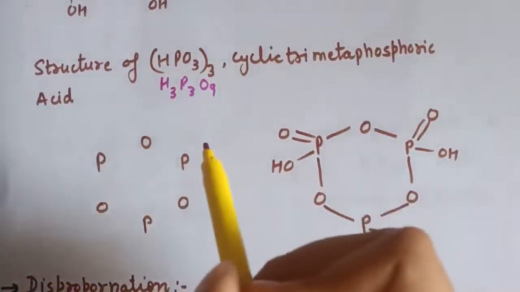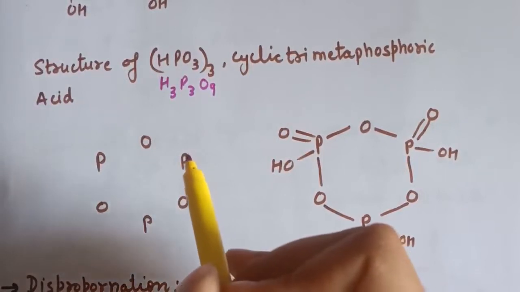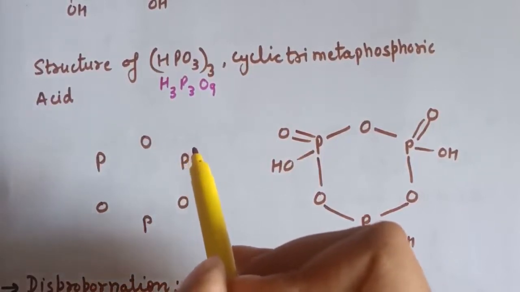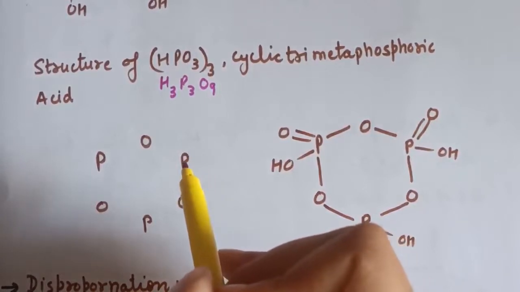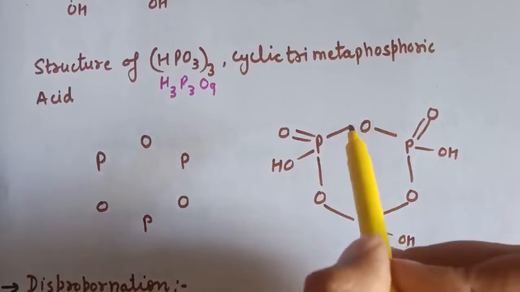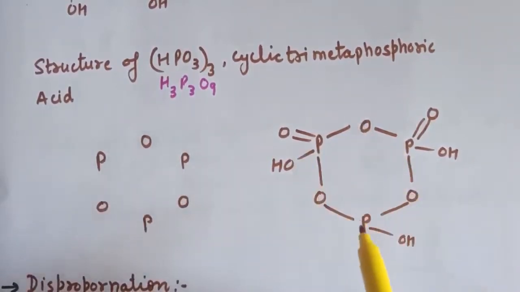After that, the common feature in oxoacids of phosphorus is that phosphorus is connected to oxygen via a double bond, and one OH group is attached to this phosphorus. So first of all we drew oxygen, phosphorus, and so on around the ring.